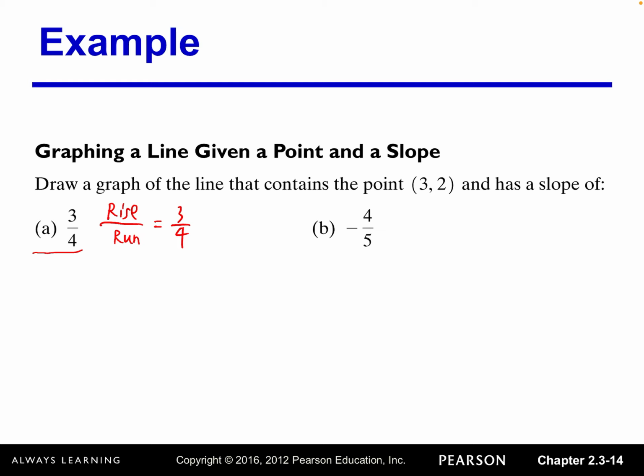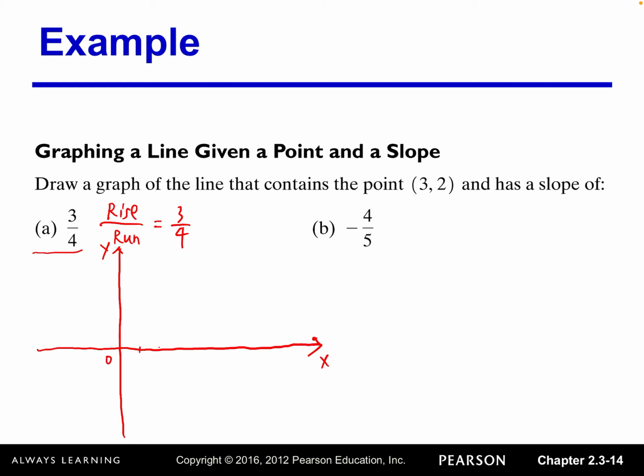All right, so based on this and a given point, we can identify additional points on the line, and then we can graph the line as well. Okay, so now let's do the graph. Set up a rectangular coordinate system, x-axis, y-axis, the origin (0, 0).